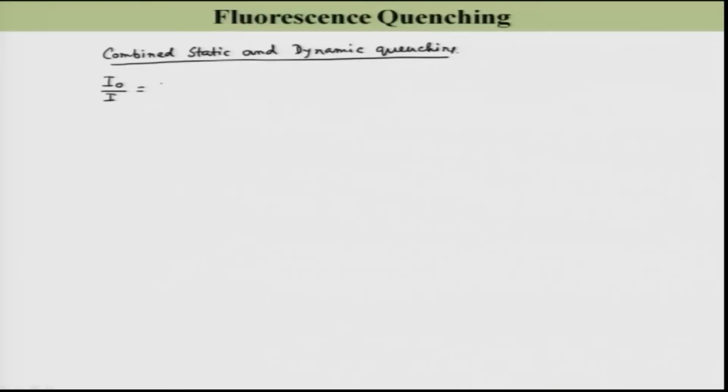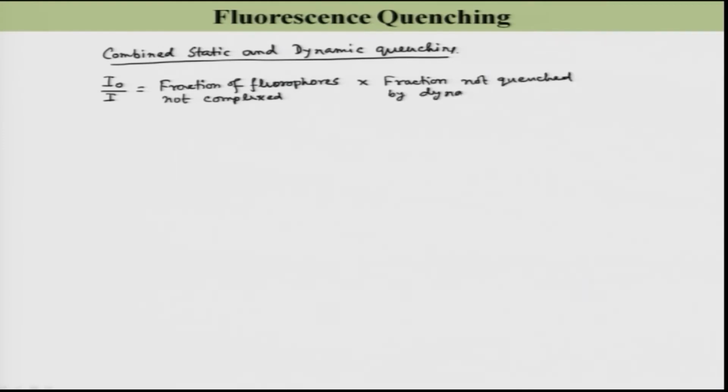So, the first fraction is the fraction of fluorophores that are not complexed, multiplied by the fraction of fluorophores that is not quenched by dynamic quenching.